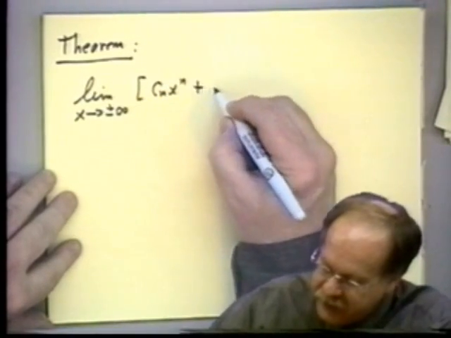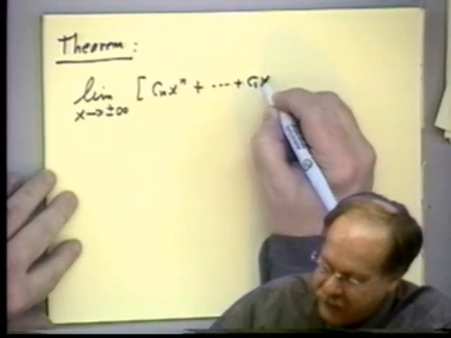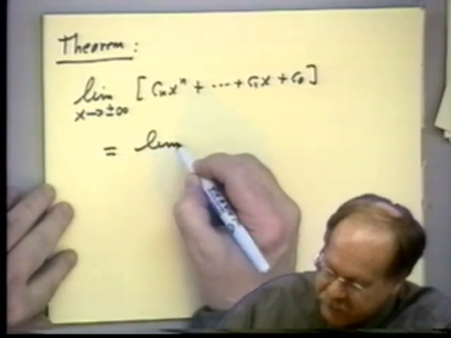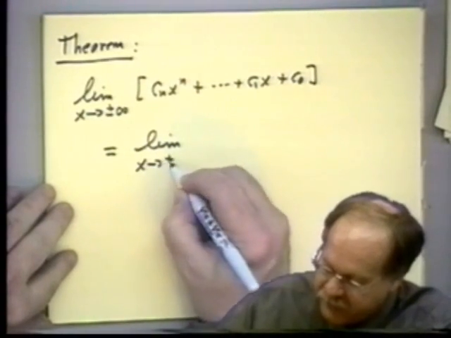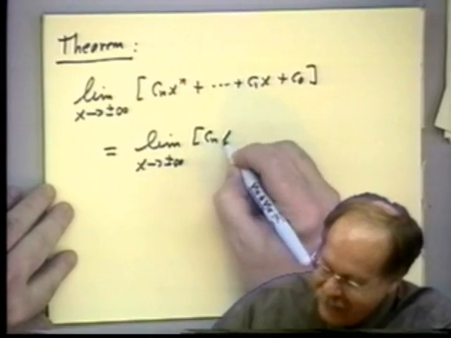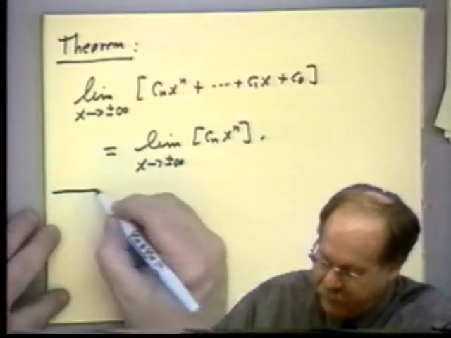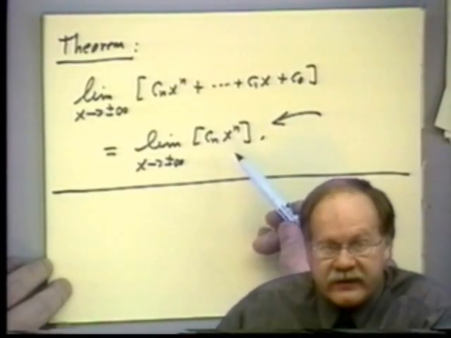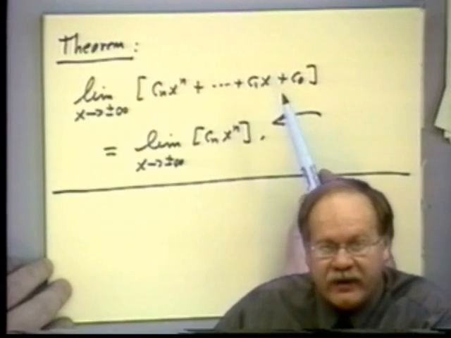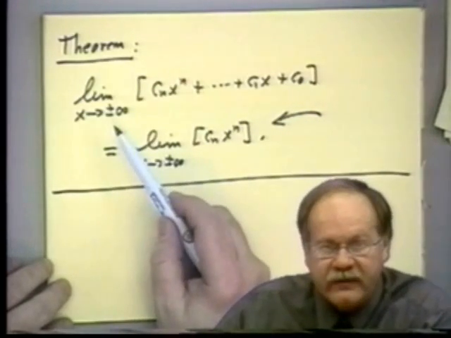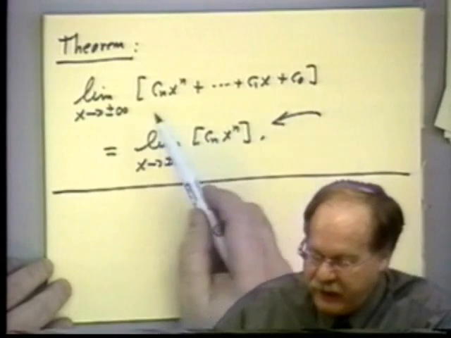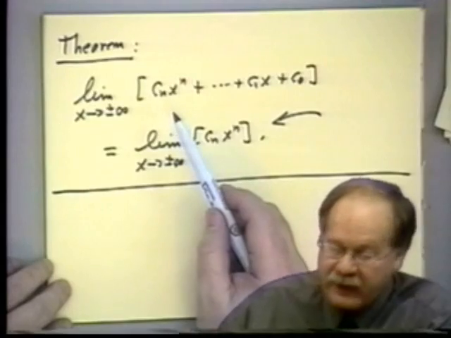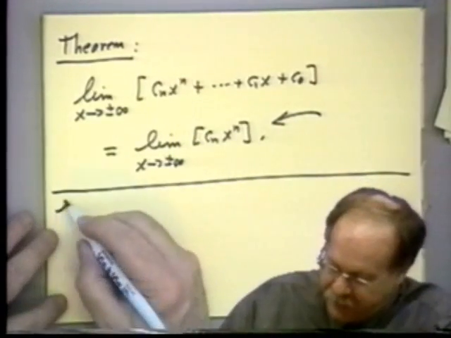If I have the polynomial in here, Cn x to the n down to C1 x plus C naught, that limit is the same thing as the much simpler limit as x goes to plus or minus infinity of Cn x to the n alone. Now see how much nicer and easier that is? So in practice, if you're asked to take the limit of any polynomial whatsoever as x goes to one of the infinities, you can ignore everything except for the highest power of x. That will totally determine what the limit is. Now that must make things much easier.